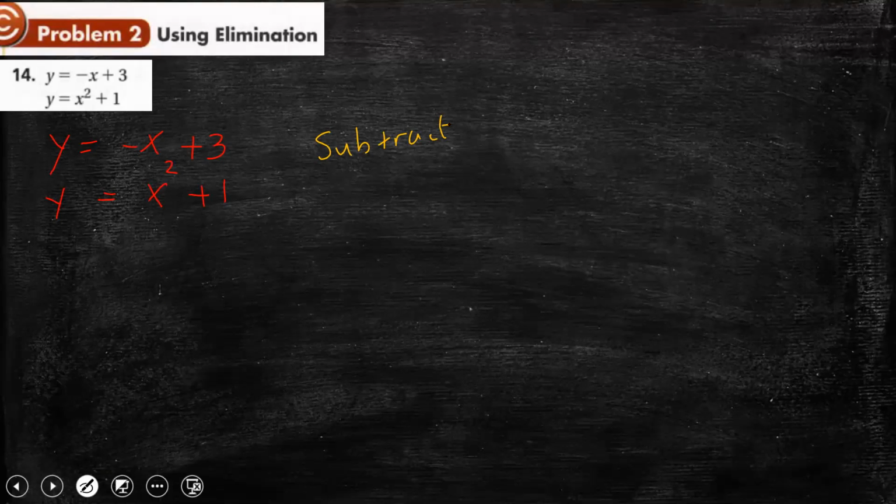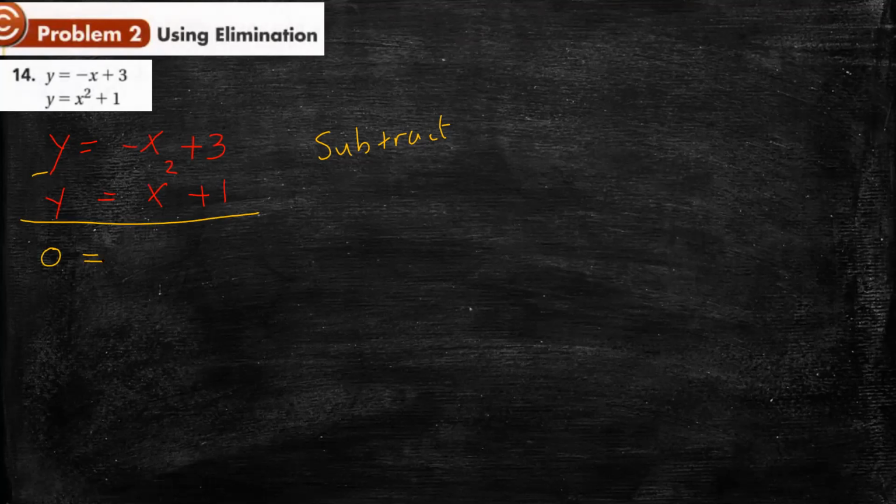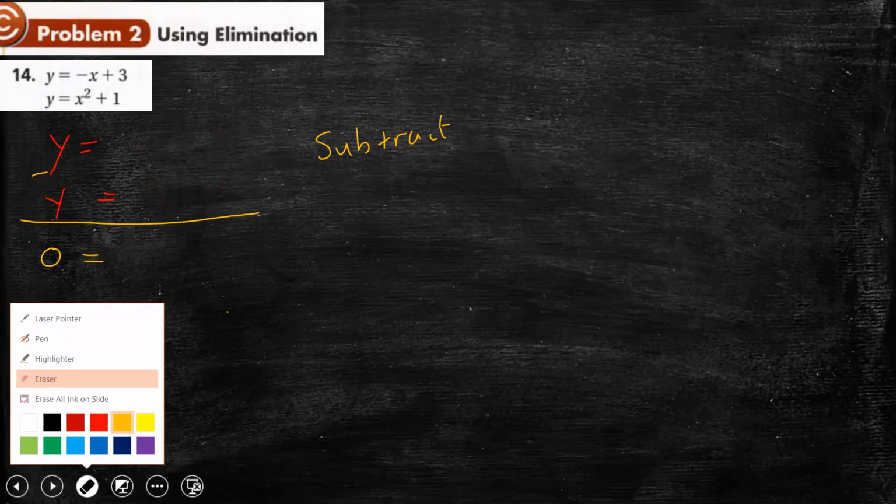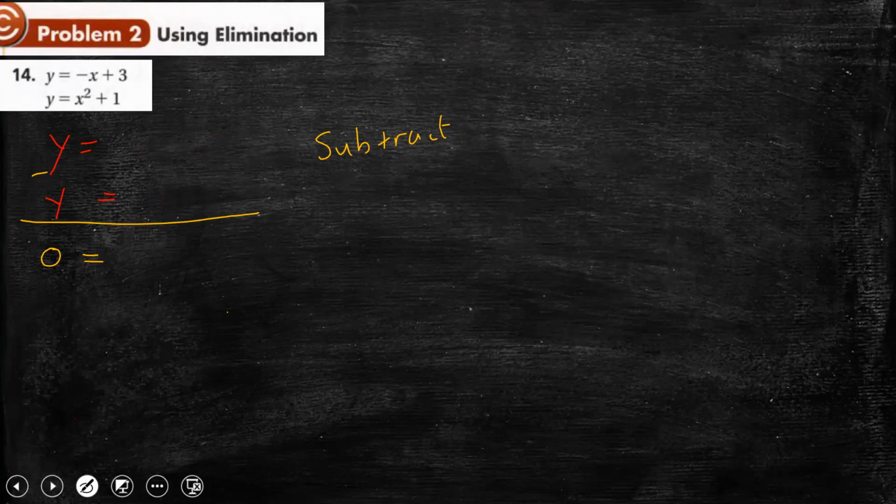Subtract the first one from the second one, like this. y minus y is 0, and negative x. Now look here, we have negative x plus 3 and x squared plus 1. As you remember from chapter 8, if we want to subtract them, we have to arrange them like this: x squared, negative x, plus 3, and x squared plus 1.